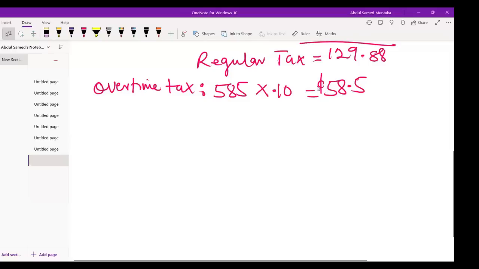So overtime tax is, yes, you have to calculate the tax using that percentage, even if it is 50 pesos. Even if it is 10 pesos, you calculate 17.5%.